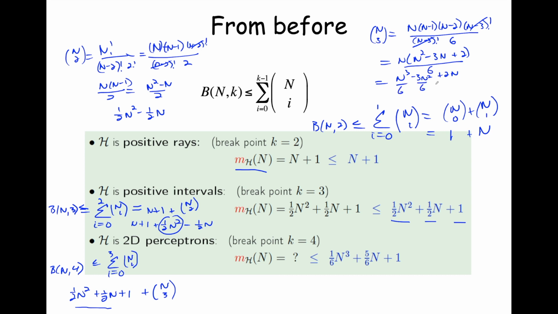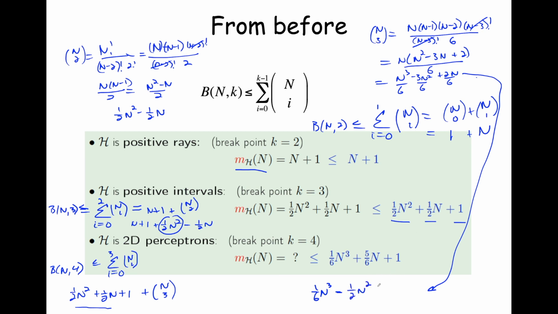1/6, 1/6, 1/6. Okay, and so if we do that, let me write it down here. It's a little bit messy. That's just 1/6 n cubed minus 3n squared over 6, that's just minus 1/2 n squared.